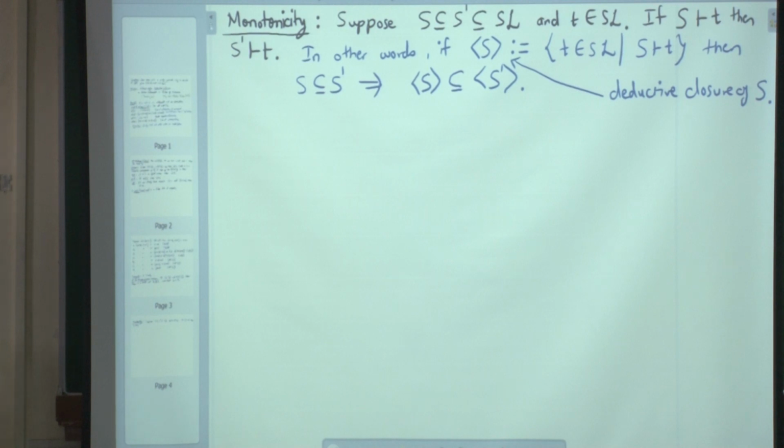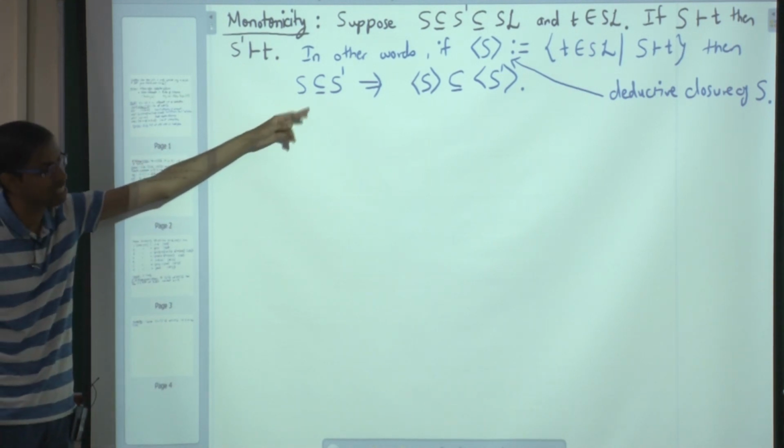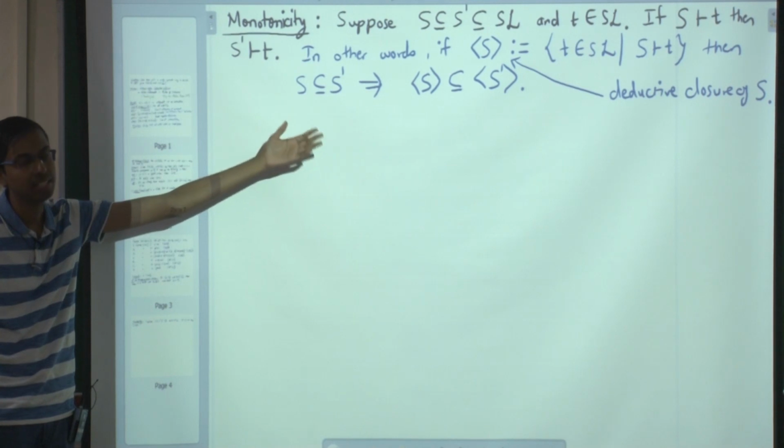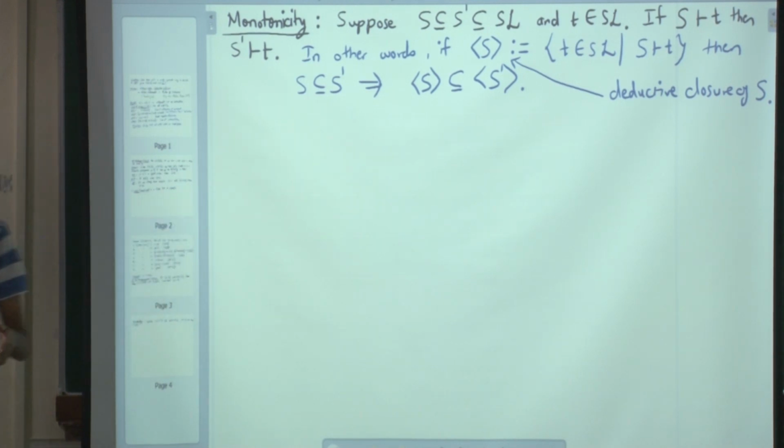Yes, NLA, right? Every single formula in capital S is a non-logical axiom, so you have a one-line proof of that. Therefore, S is certainly contained inside its deductive closure. And monotonicity says that if S is contained inside S prime, then the deductive closure of S is also contained inside the deductive closure of S prime.